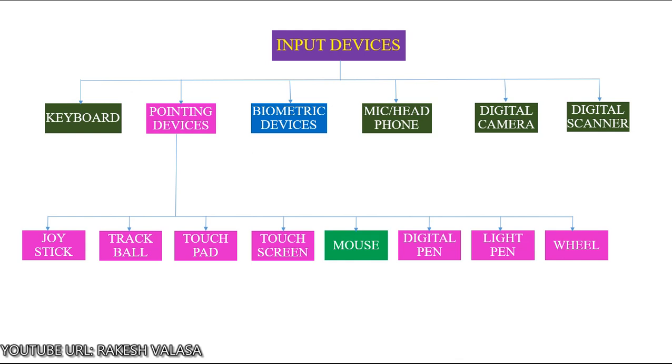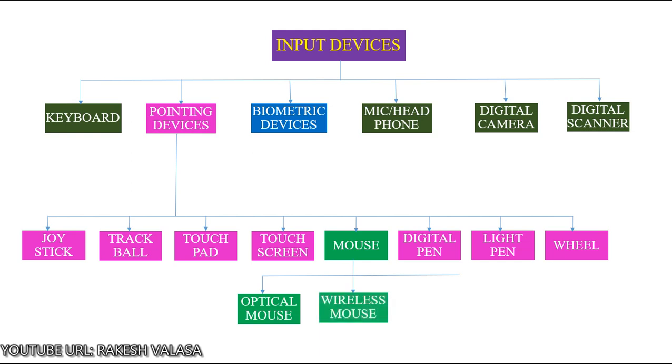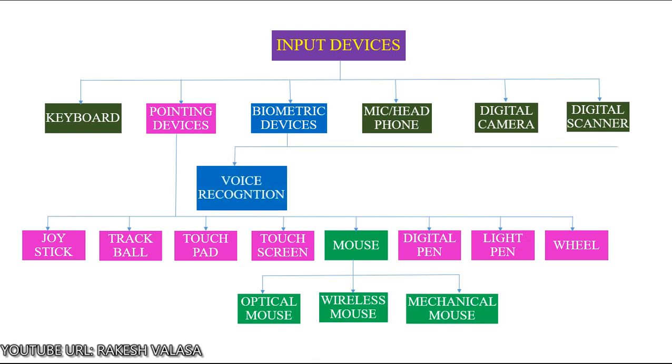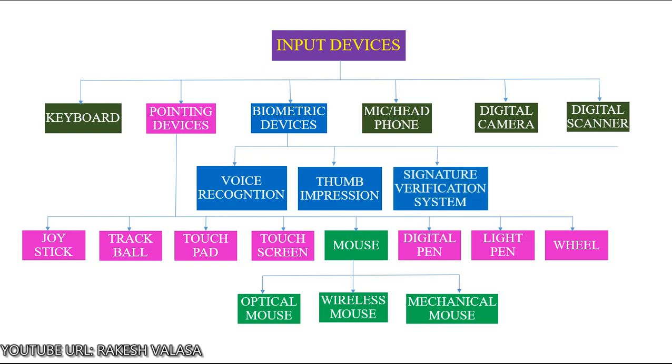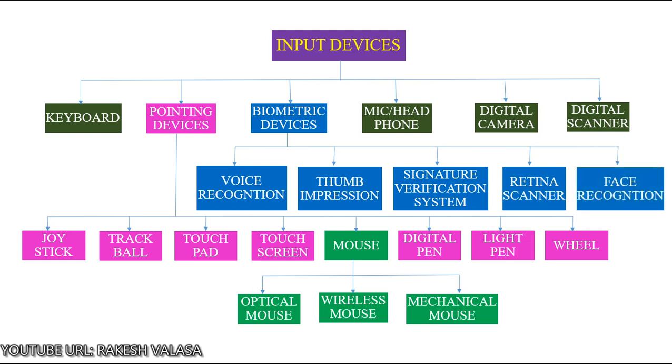These are a few pointing devices. This mouse is again classified into three types. That is, first one optical mouse, second wireless mouse, the third one is mechanical mouse. Here, biometric devices are voice recognition, thumb impression, signature verification system, retina scanner, face recognition.